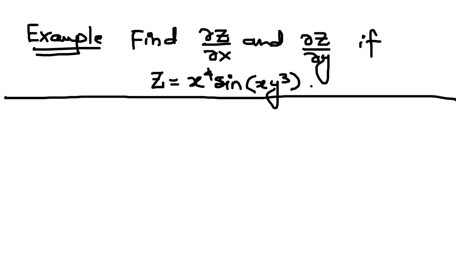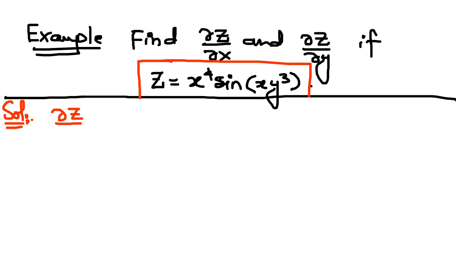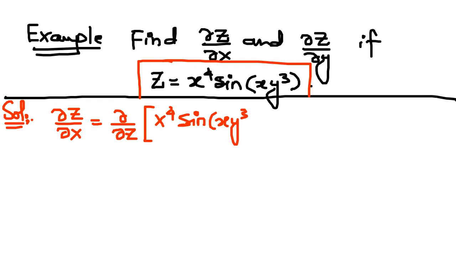Now you have to find the partial derivative with respect to x and with respect to y of this function. Okay, so how we can find partial z over partial x of this function x power 4 sine of x y power 3.